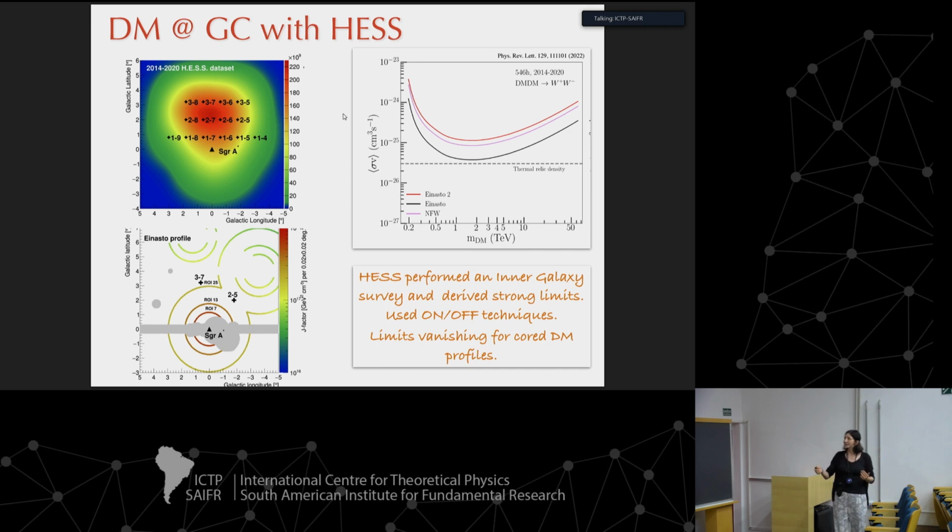And so if the dark matter distribution were cored over a few degrees, what would happen is that you would basically subtract it in the off region. And so these limits basically vanish if it's a core. The analysis simply does not work if you have more extended dark matter signals. So these are very good limits, but still they very much depend on the dark matter profile.